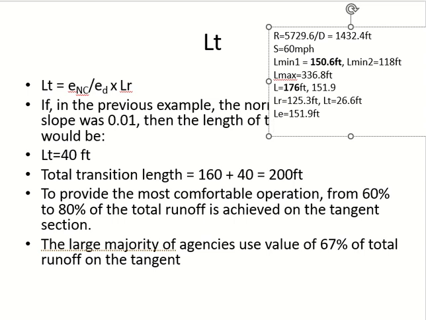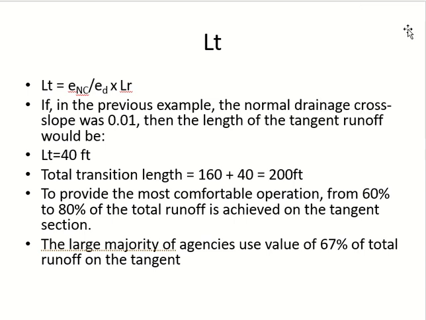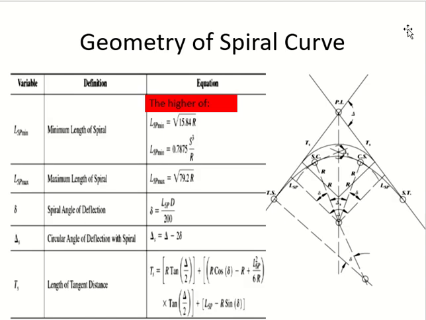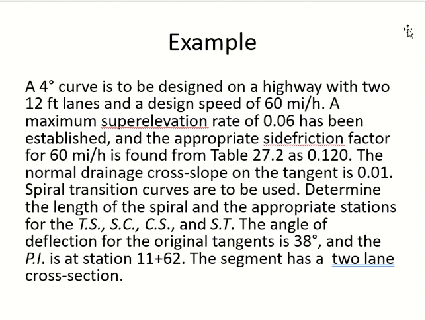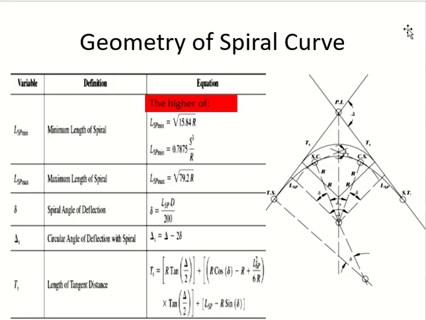Okay, so now I will calculate the stationings. For the stationings, they have given me one of the points. Which point? The point of intersection. The station of the point of intersection is given, which is 1162.